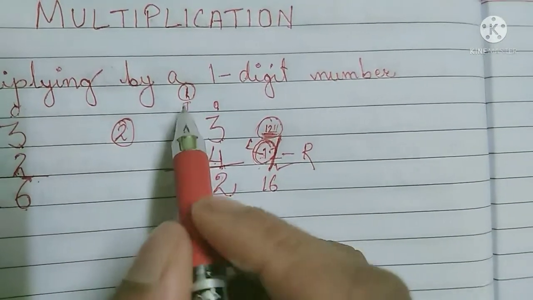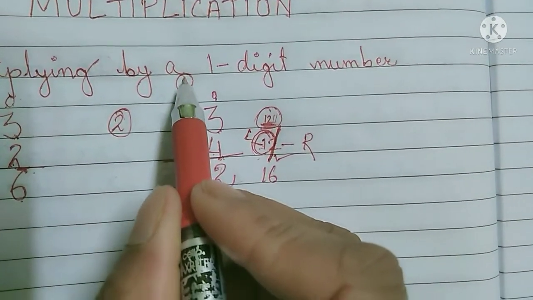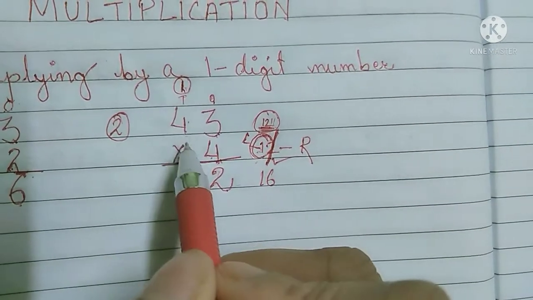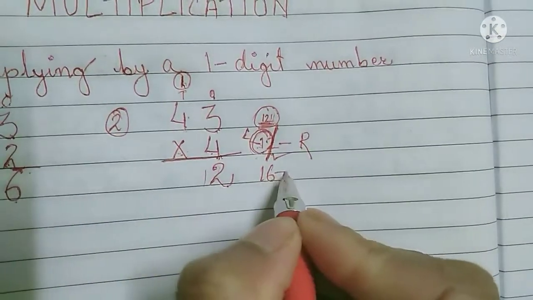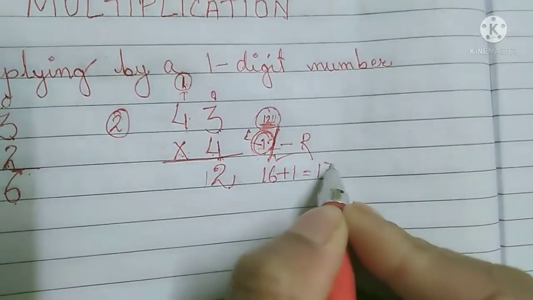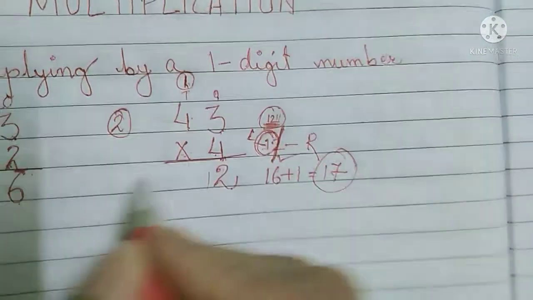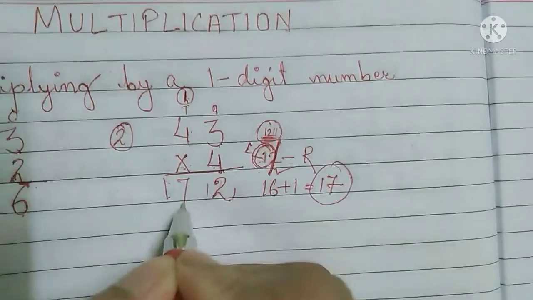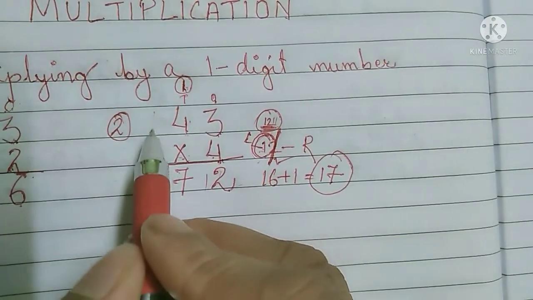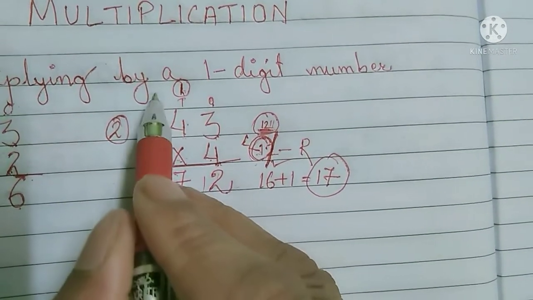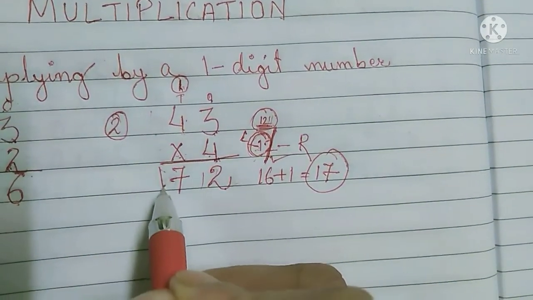But remember, the 1 you have kept is already carried over. So 16 plus 1 equals 17. Now this 17 you can write here, as there is no number in hundreds place.